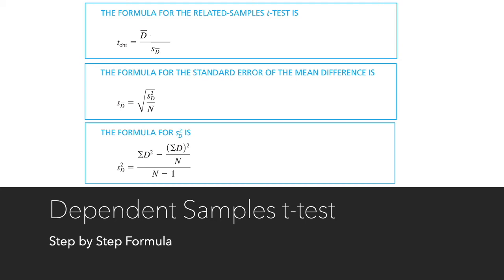Except instead of x, it's just difference. I'll show you how that works here in a second. So this is very similar to what we've done in the past. We're going to work our way up to the formula. We're going to start here, calculate the variance of the difference. Then we're going to calculate the average standard error of the difference. And then we're going to calculate our t obtained. Okay?